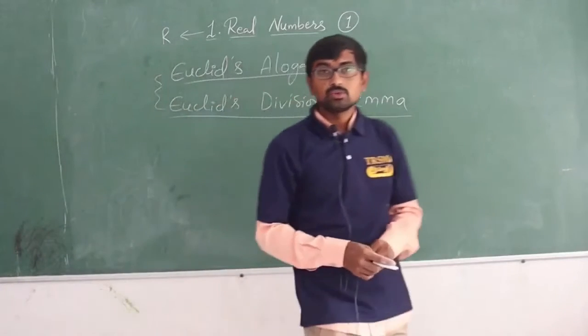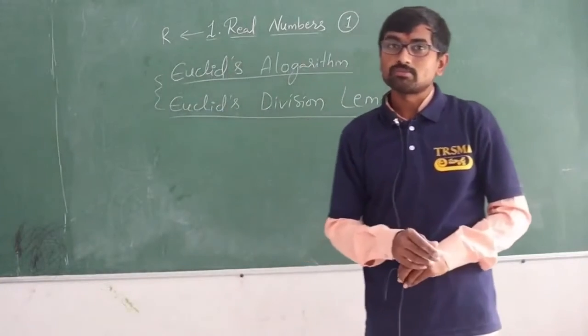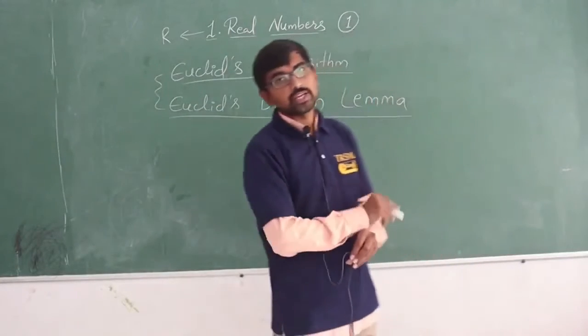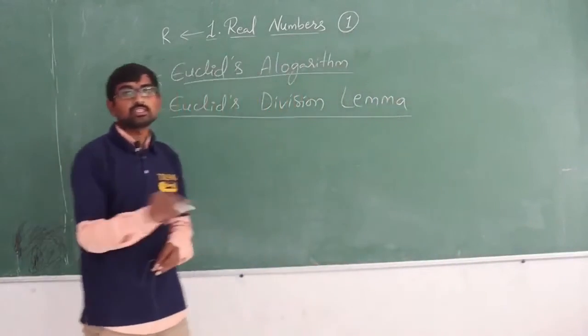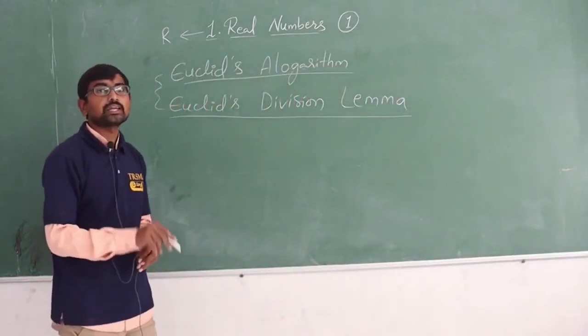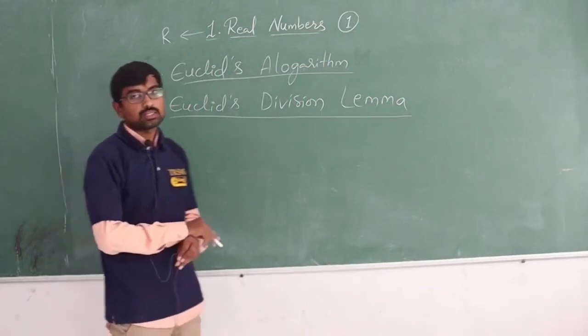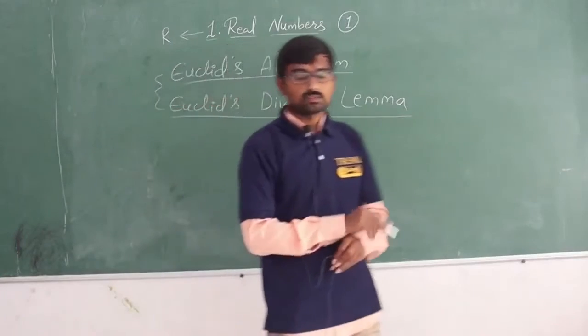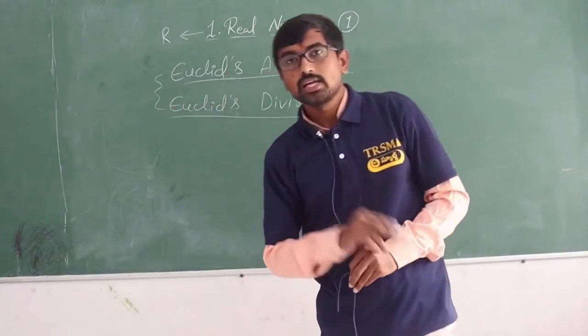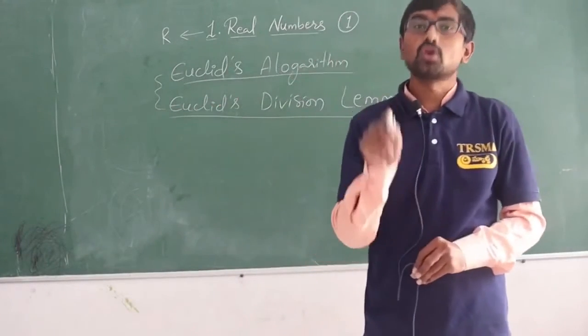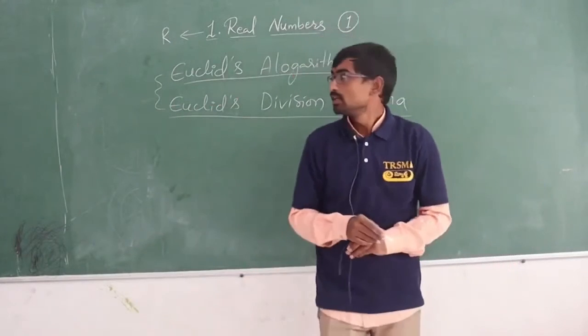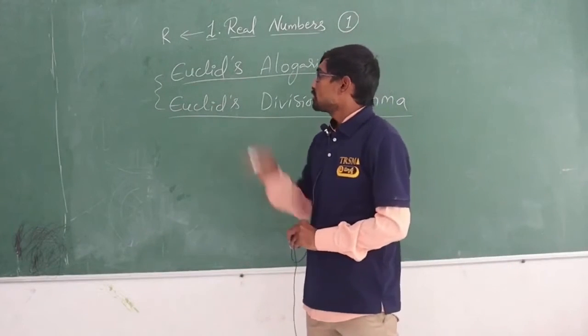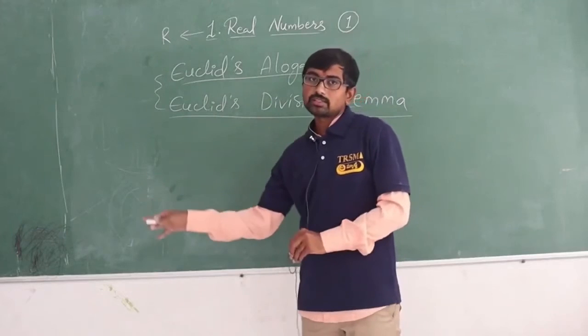We also considered decimal forms: when the decimal form is terminating or recurring, the number is rational, and irrational numbers are non-recurring. We did all of this in this class.